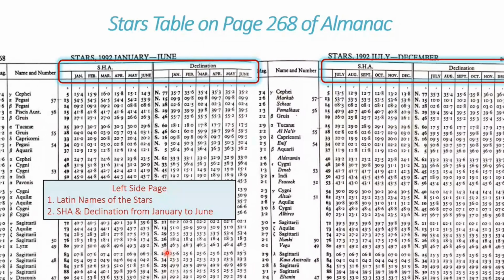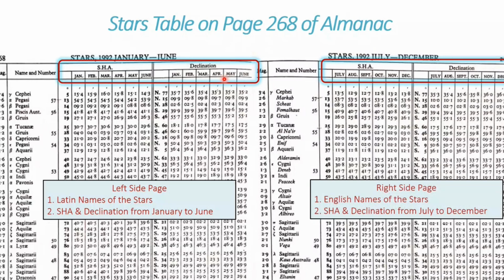Now the left side page of the table gives us the Latin names of the stars. The names mentioned in this particular column are the Latin names of the stars, along with the SHA and declination from January to June. Whereas the right side page gives us the English names of the same stars.